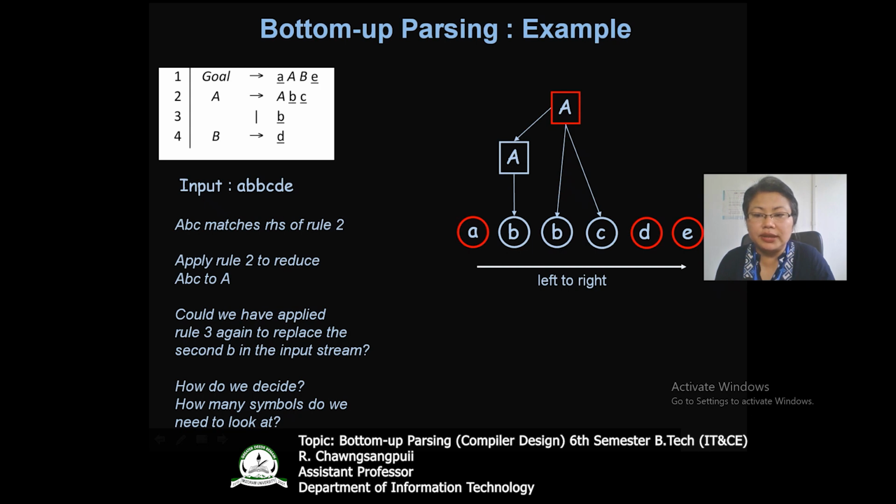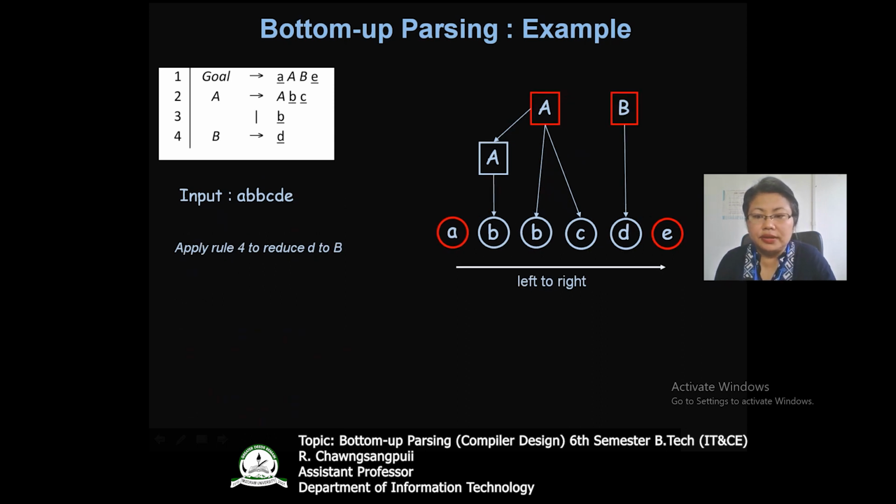So we apply that one to reduce ABC to A. We could have applied rule 3 again in order to replace the second B in the input stream, but how do we decide how many symbols we need to look at in order to get back to the start symbol, which is the goal? We have to get back A, B, E.